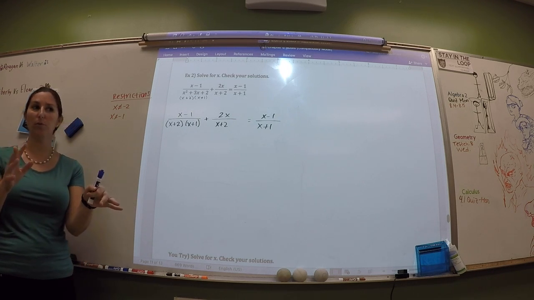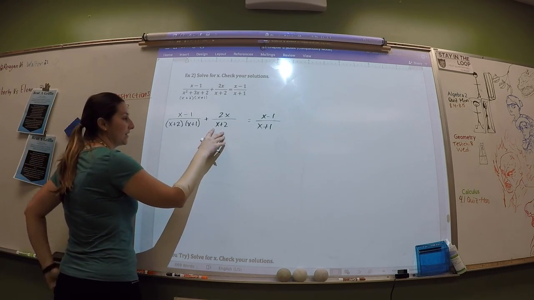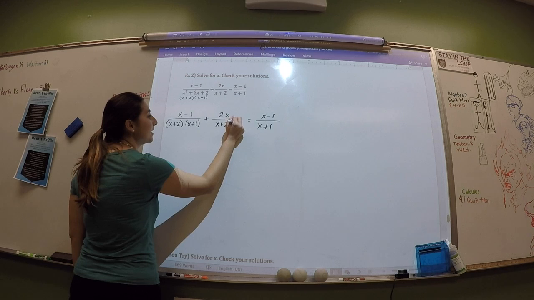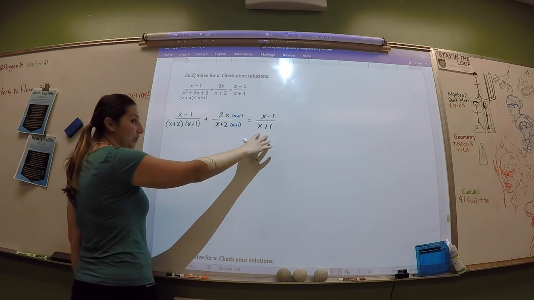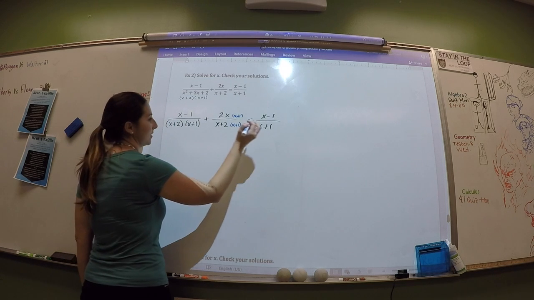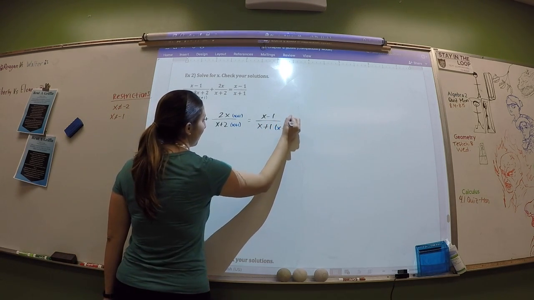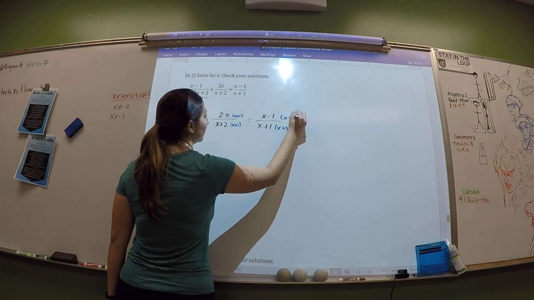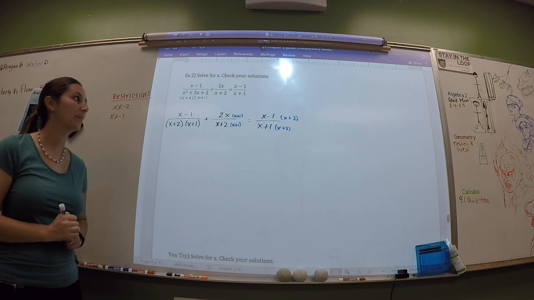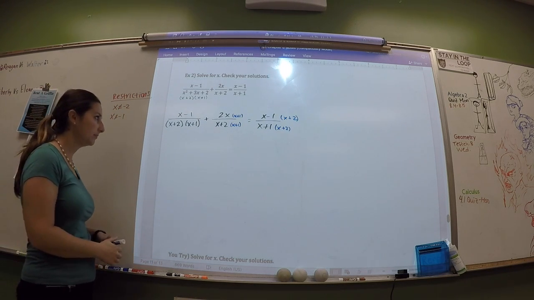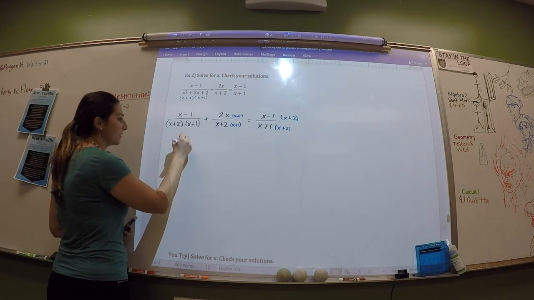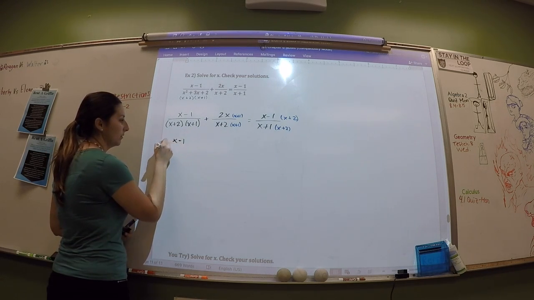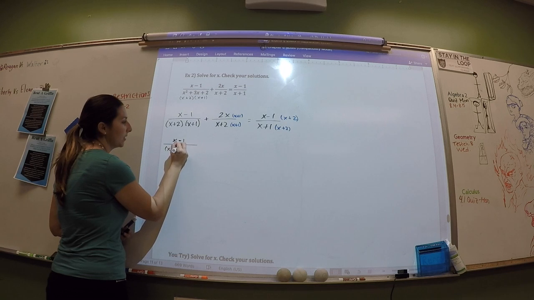So if this fraction has x plus 2, then it needs x plus 1. And if this fraction has x plus 1, then it needs x plus 2. And this fraction didn't need anything.